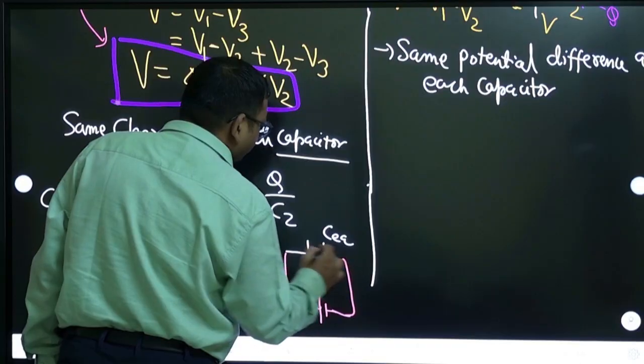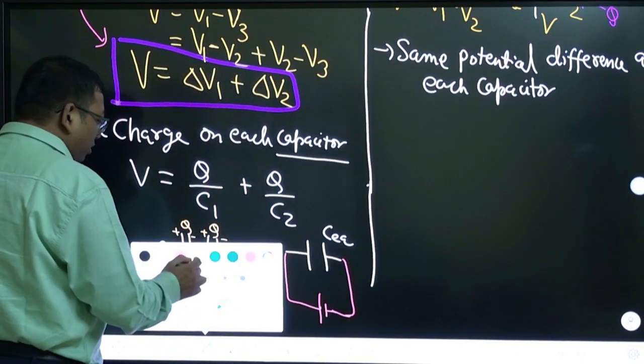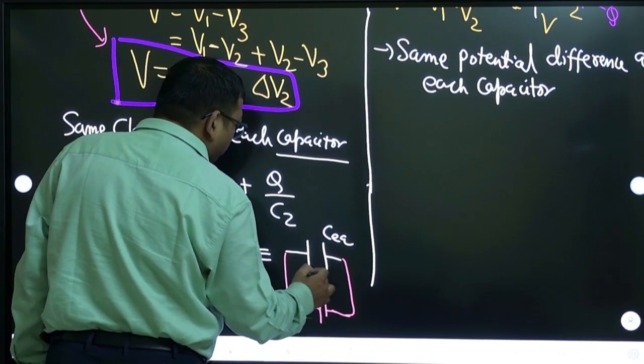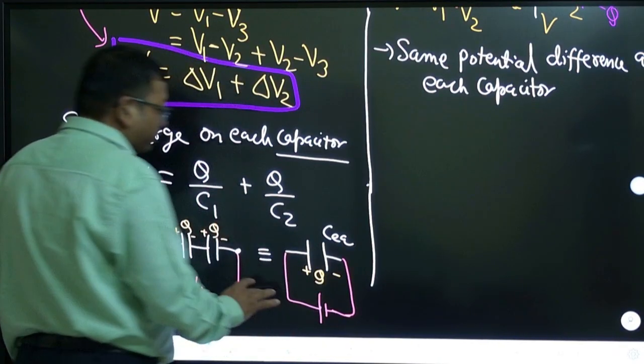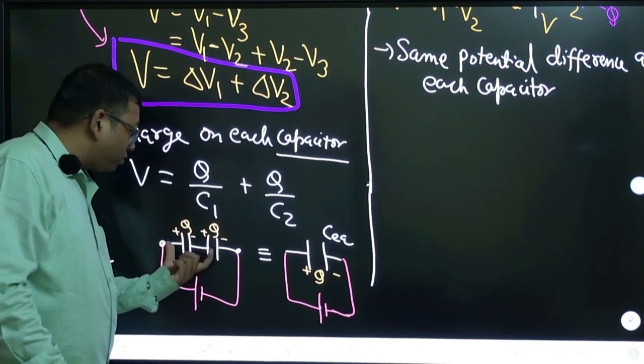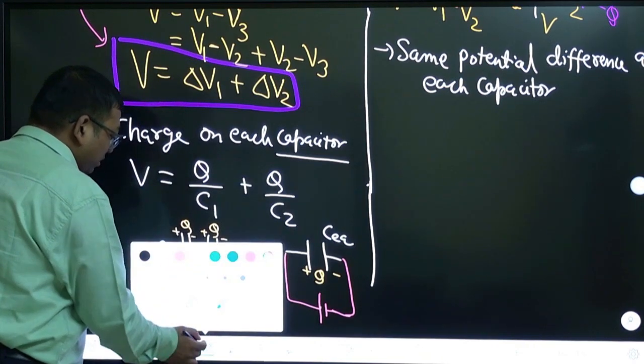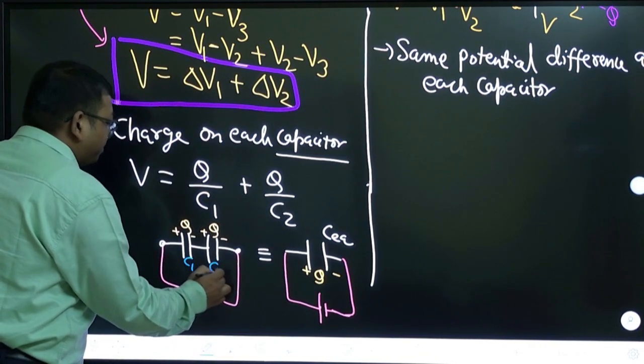So this battery will also supply the same charge, Q plus minus. The story is the same, only two capacitors are being replaced by one equivalent capacitor.